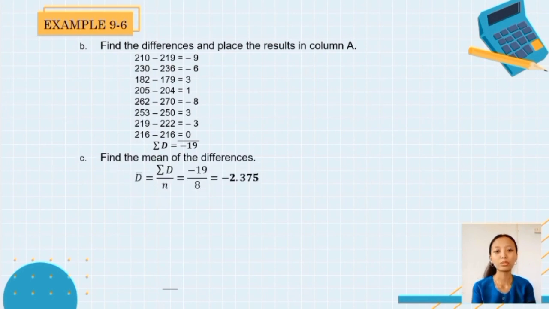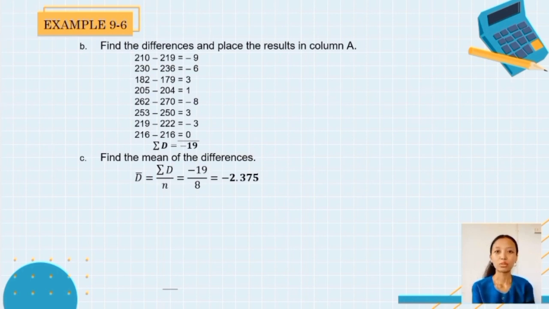Then, we are going to find the mean of the differences using the formula D bar equals the sum of D divided by N. So the sum of D is negative 19, and our N is 8. So negative 19 divided by 8 is equal to negative 2.375.